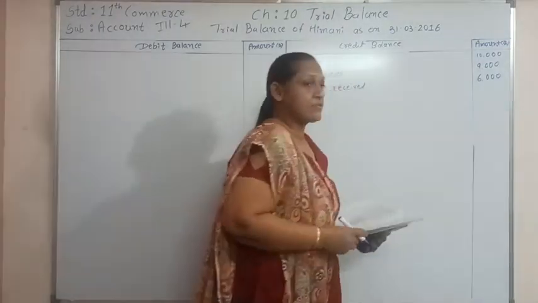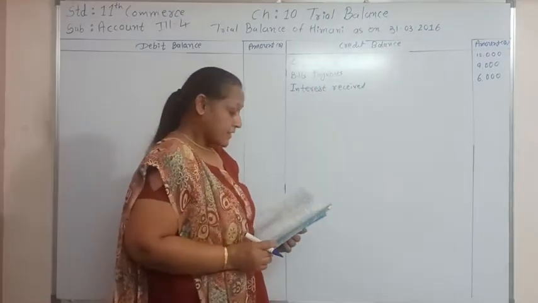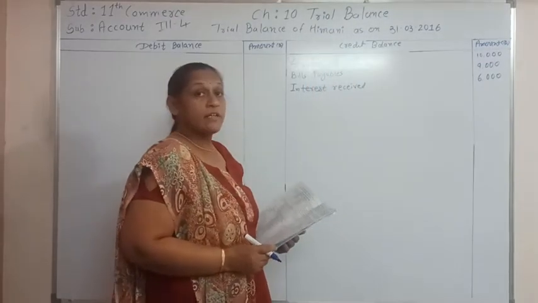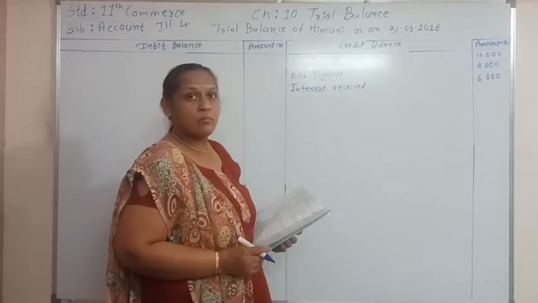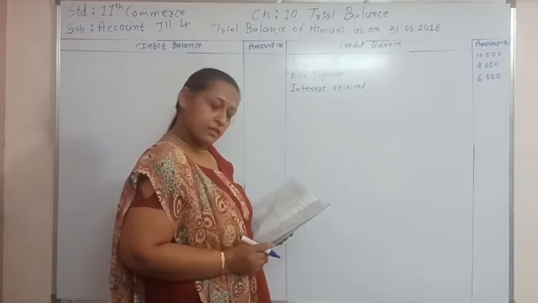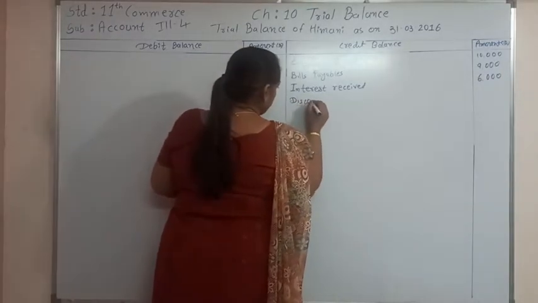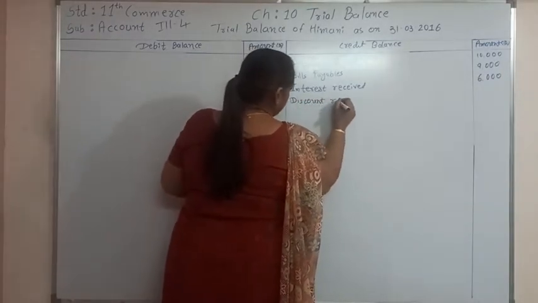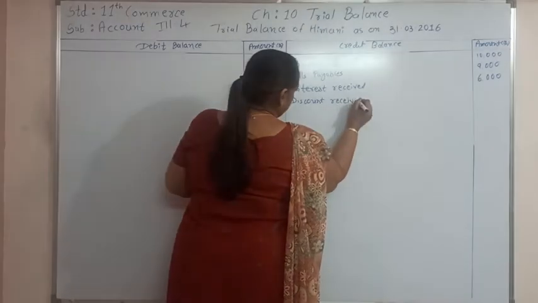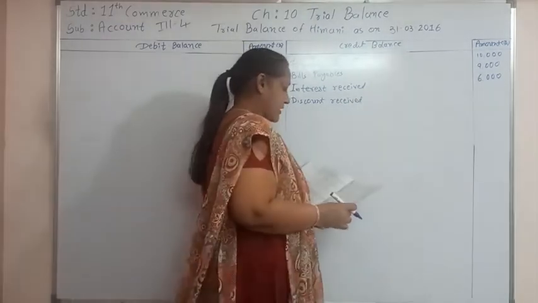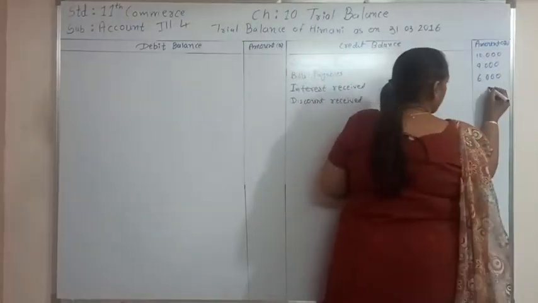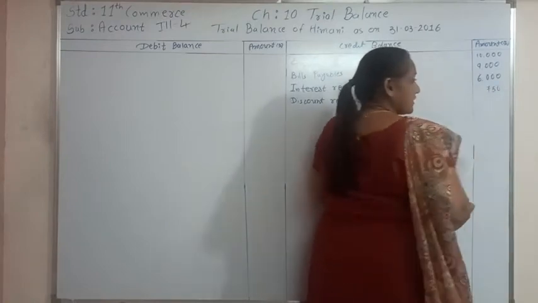After interest received, another thing is discount received. Discount received is also income and it is supposed to be written on the credit side. And discount received has the balance of 750 rupees.